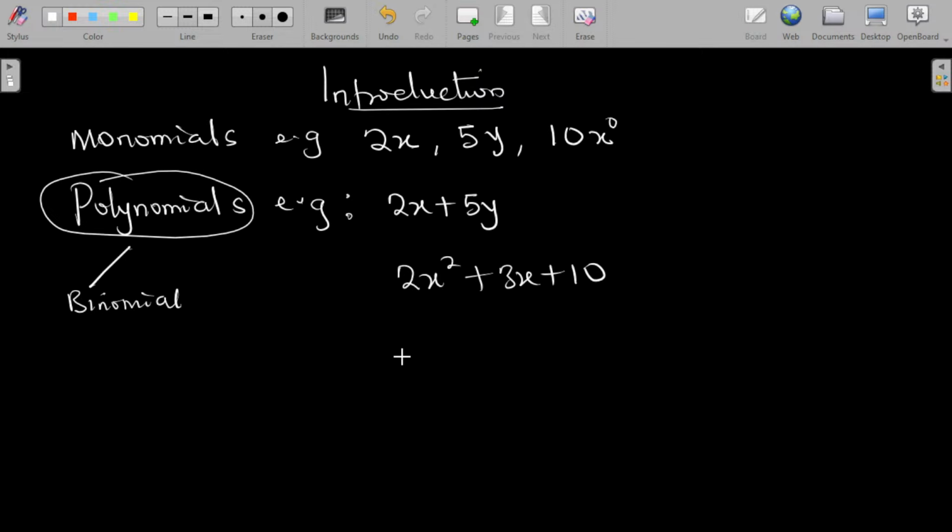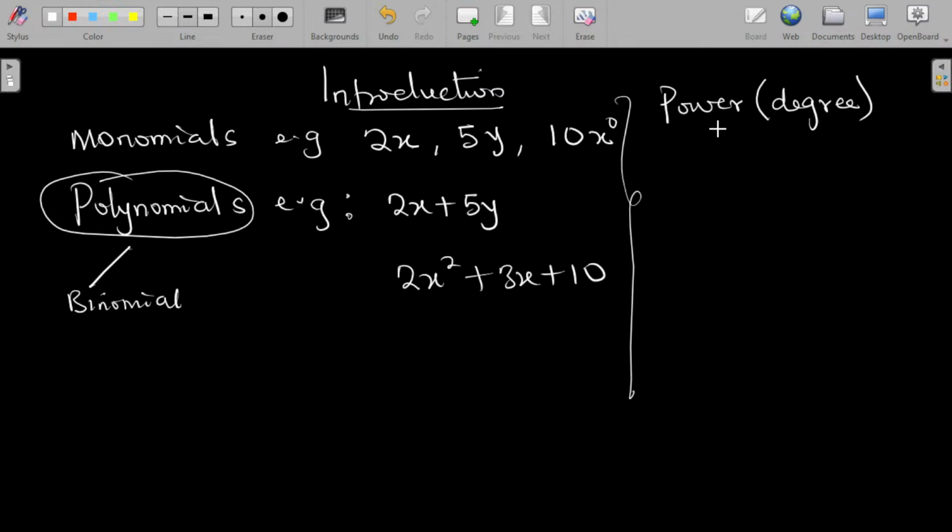We can group expressions according to the number of terms they have, and so we have monomials, polynomials, and the rest. Then we can also group expressions according to the power of the unknown, according to the power or degree of the unknown.